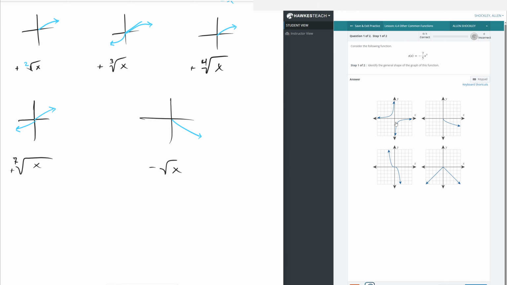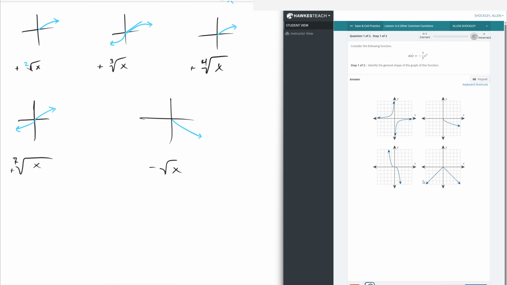Looking over here, we also have two more types of graphs. This one is a graph of x to the second on the bottom, and then this one is a negative absolute value. So if we look here, all we're really caring about is the negative sign, which tells me that my right side is going to go down.